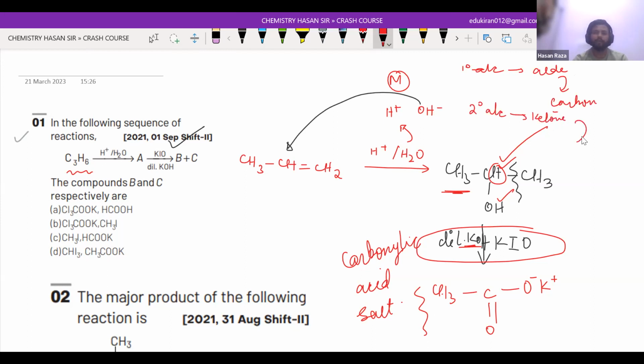And if you use a very strong oxidizing agent, this will be broken and converted into carboxylic acid. Since we are using a base, this carboxylic acid will be converted into carboxylate salt, and this alkyl group will be converted into iodoform. So the answer will be B.